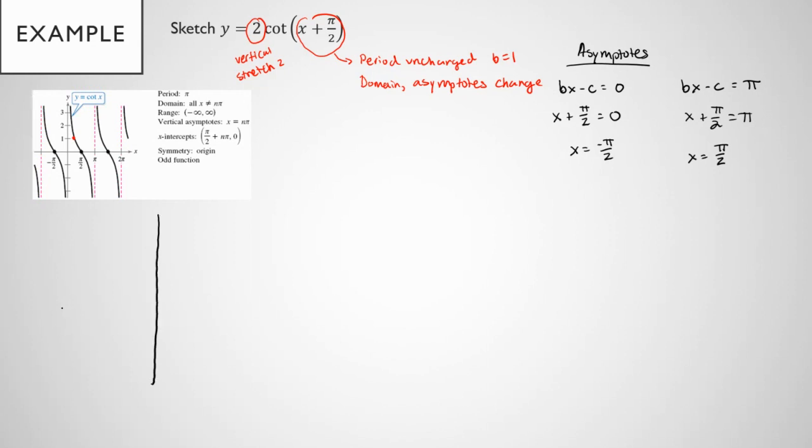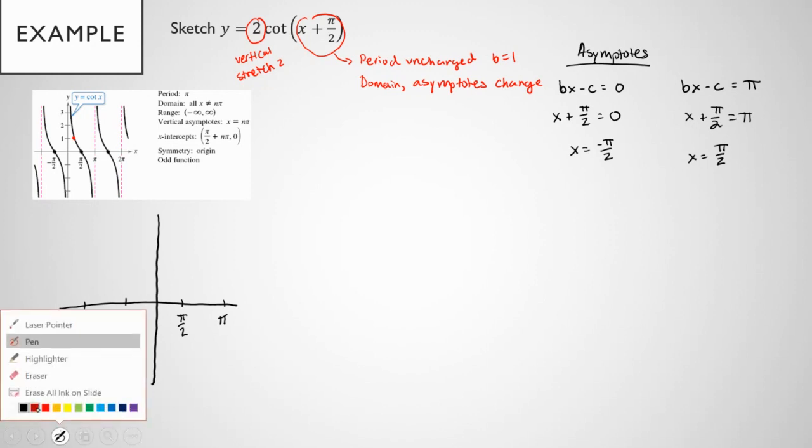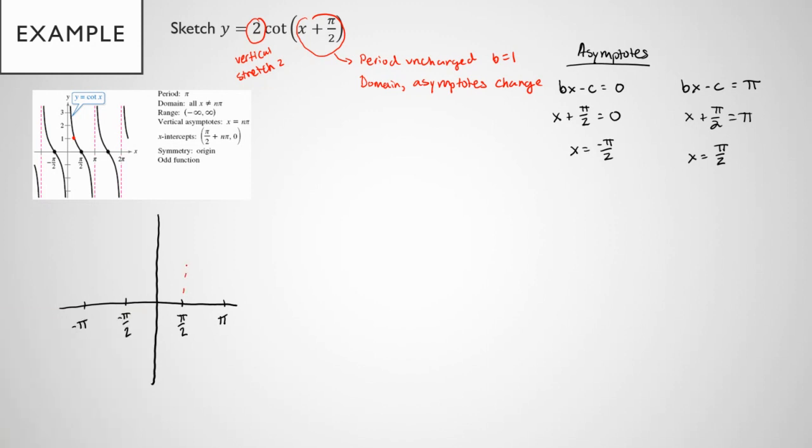So I'm going to just draw my asymptotes. And because these are at pi over 2, I'm going to just count by pi over 2. So you can see that already the asymptotes have shifted because they originally were at 0 and pi, and now they're going to be the same asymptotes that we have for tangent because they've been shifted over.